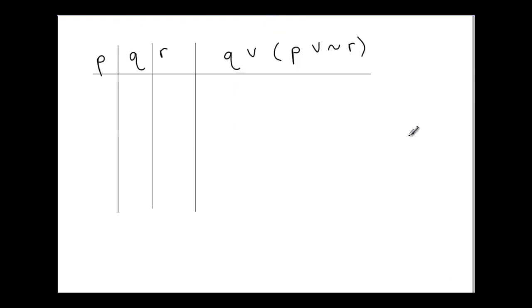And now let's look at a truth table in which we have 3 different statements, a P, Q, and an R. And we want to construct the truth table for Q or P or the negation of R. And so actually the last column that we're going to fill out is this one. It ends up being a disjunction. And the way that we set up truth tables when we have 3 different statements, we're going to have 8 separate cases. So under the P column, you'll want to first use 4 trues and 4 falses.